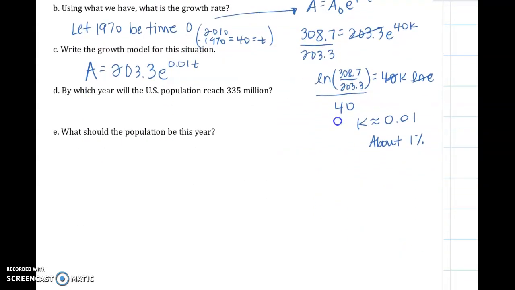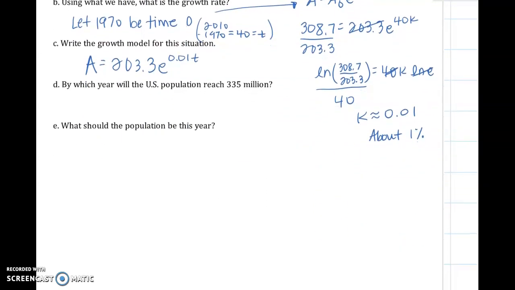It says, by which year will the U.S. population reach 335 million? We need to plug 335 million into this model. So plugging into this model, it's going to look like 335 equals 203.3 e to the 0.01t, and we are going to solve for the amount of time.